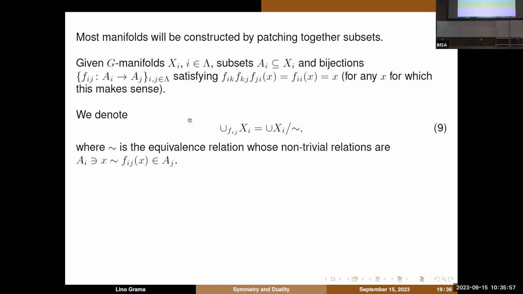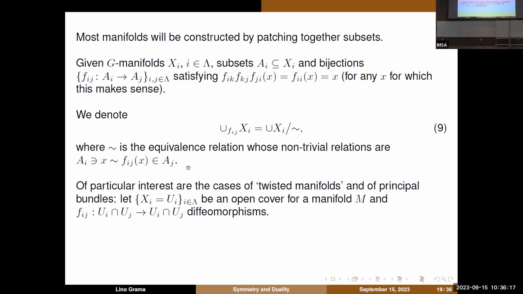And our new manifold is gluing these pieces for this manifold. The gluing is given by this relation: we pick a point in the domain and its image and glue them together.